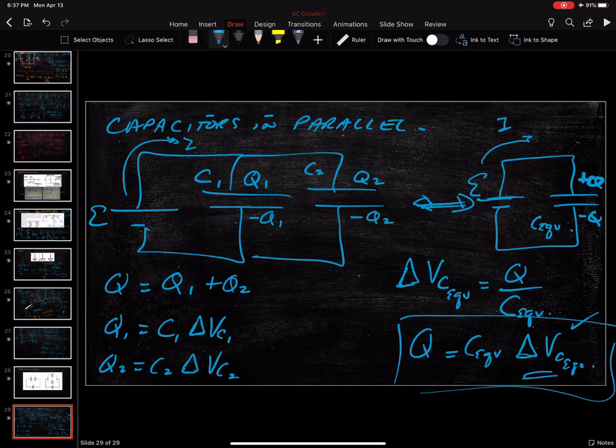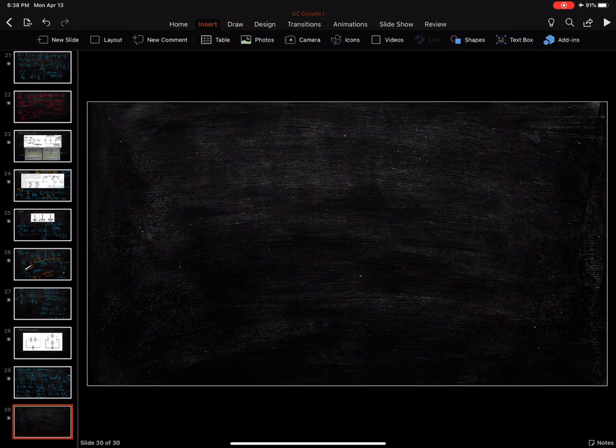But by the loop rule, delta V C1 is equal to E, and delta V C2 is also equal to E. And in fact, over here also, delta V C equivalent is also equal to E. It's just one loop. And so whatever voltage is supplied by the battery goes into charging up the capacitor.